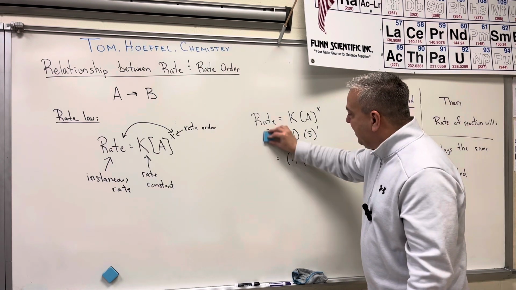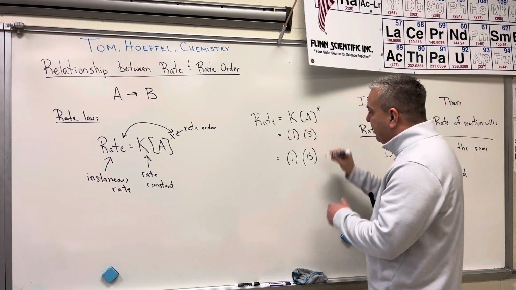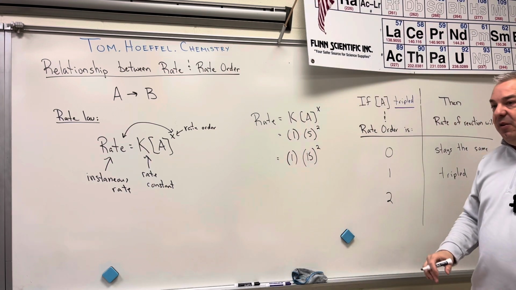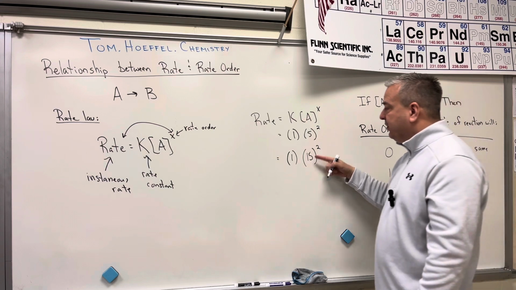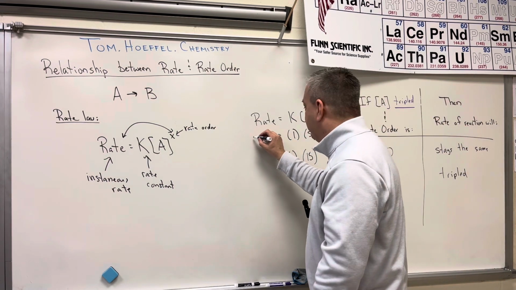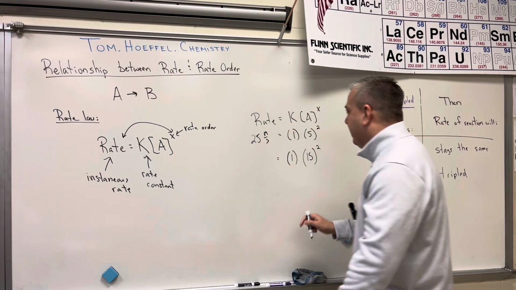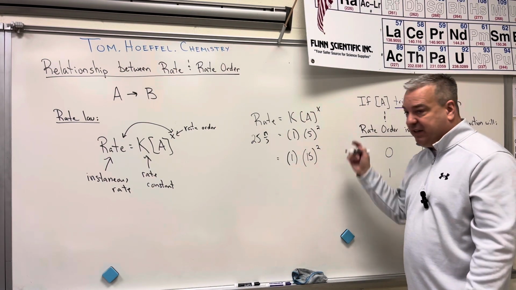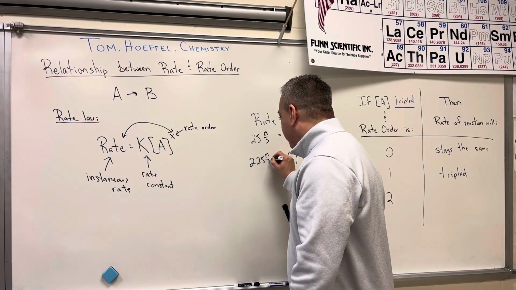So let's go ahead and erase my rates and change the exponent from a 1 to a 2. What happens here when we have a rate order of 2 and you've tripled the concentration? Well, 5 squared is going to give me 25 molarity per second. And 15 squared, I'll probably have to get into my calculator, but I've already done that. Comes out to 225 molarity per second.